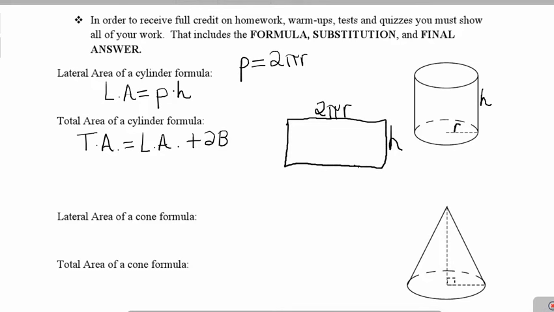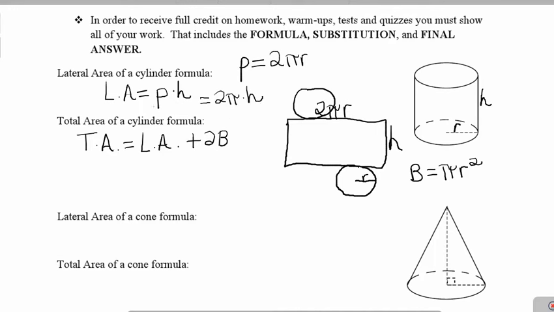Now to find the total surface area, we have those two circular bases. They would be somewhere around here and here. To calculate the area of those bases, the area of a circle formula is equal to pi times the radius squared. So I like to think of it as these formulas, but instead of writing out perimeter times height, you could actually write out 2 pi r times h.